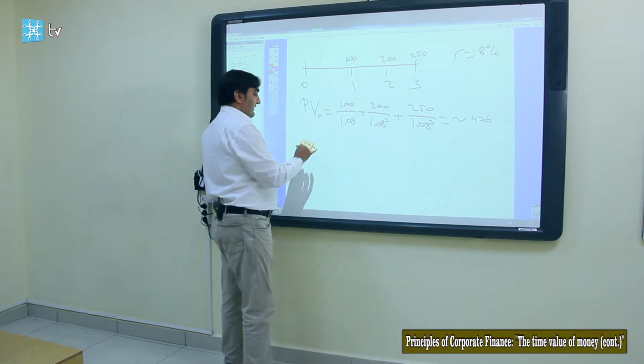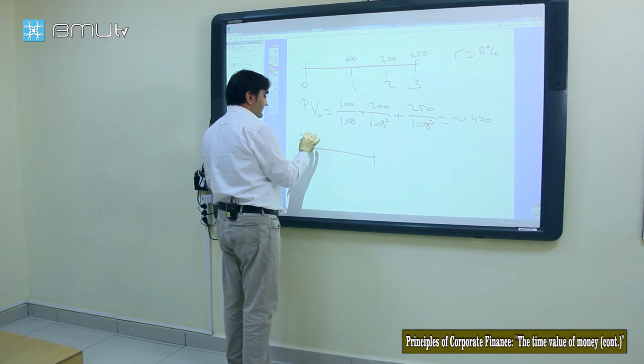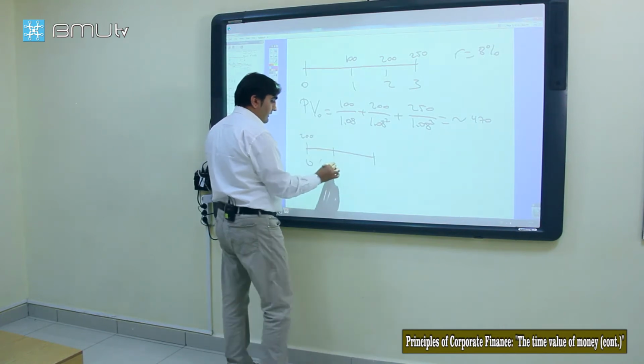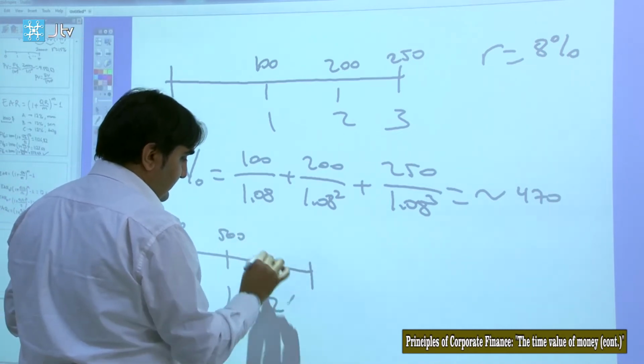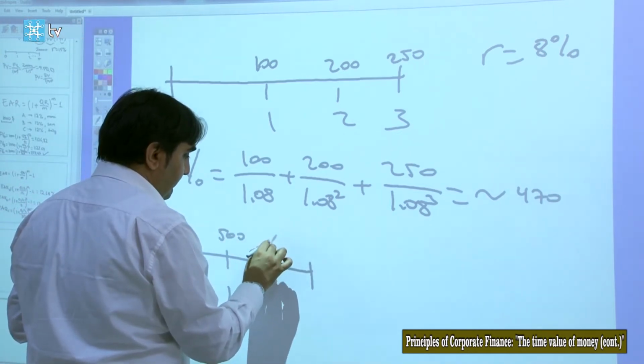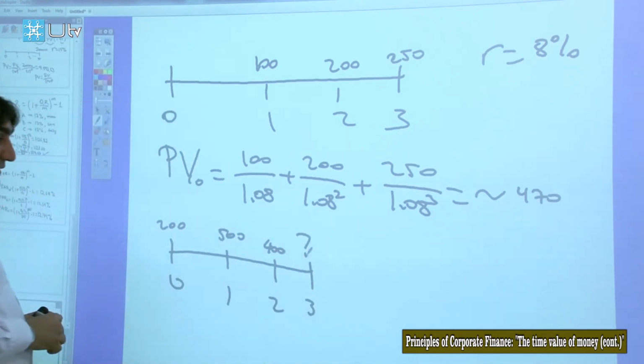We find the present value of these cash flows, finding all single cash flows one by one. Or future value. Assume we invest 200 today, 500 next year, and 400 the year after. How much will we have at the end of the third year?